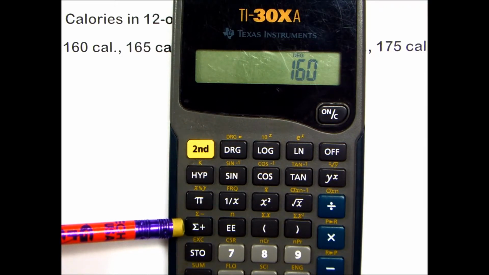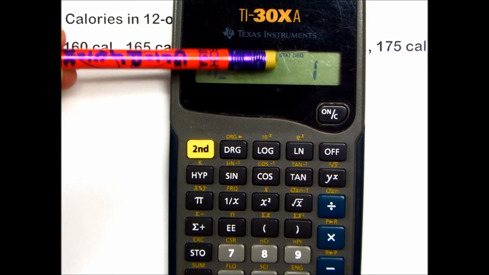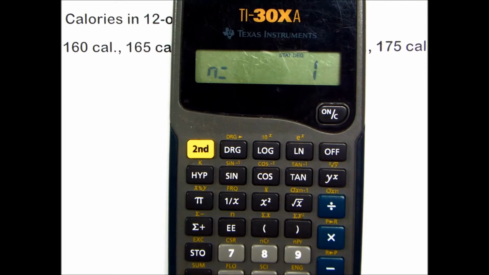That's actually epsilon from the Greek alphabet, and it stands for sum. This does 2 things. It tells me that I have a value of 1 in our database, and it puts the calculator in statistic mode, displaying a stat indicator.